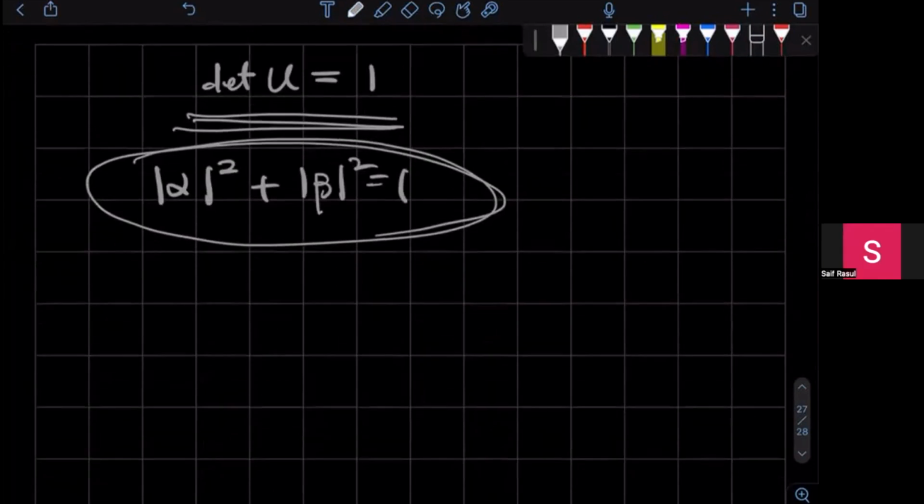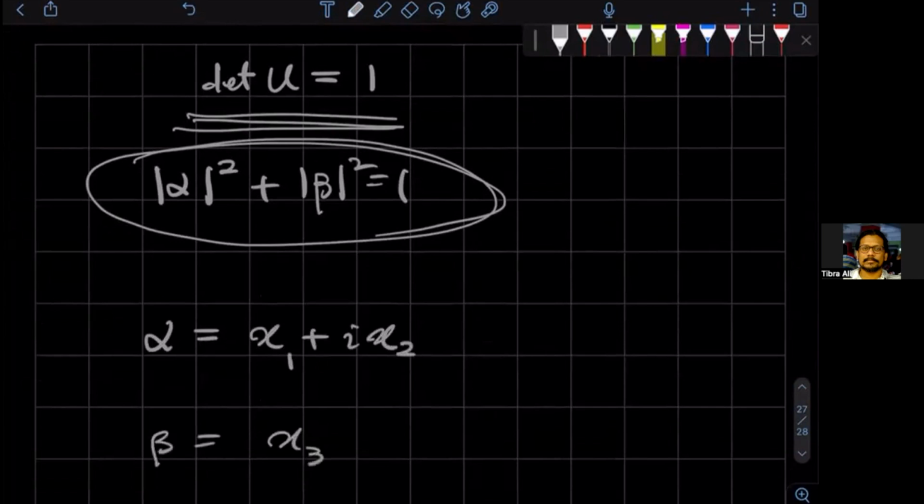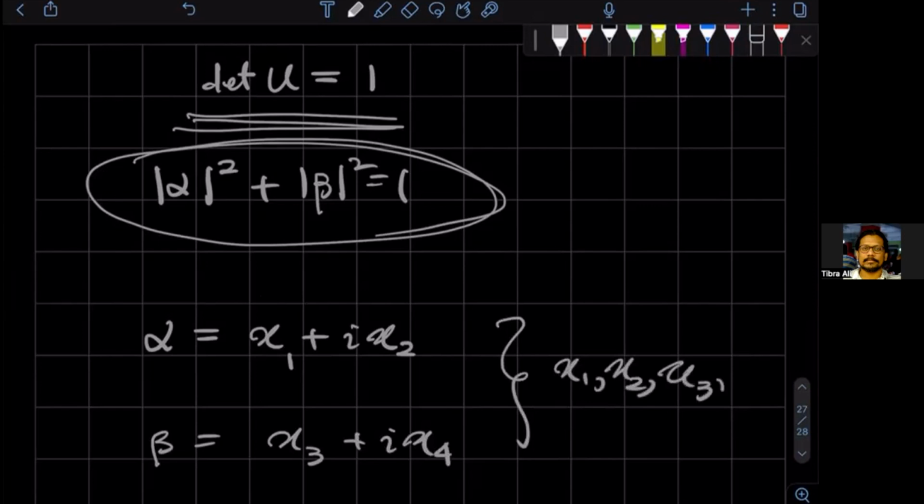Now let me express alpha as x1 plus i x2, where x1 and x2 are real numbers, and beta as x3 plus i x4. So x1, 2, 3, and 4 are all real numbers.